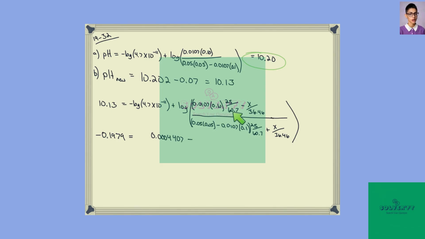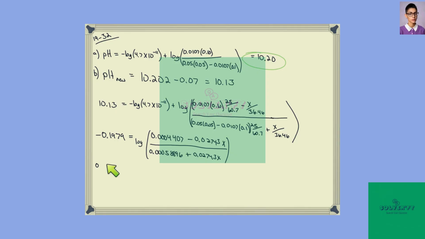So all of these numbers will give us 0.000407, and then the reciprocal of 36.46 is 0.0274x. Same thing, figure out what all of this is. That's this number here. And then the reciprocal of 36.46, but it's the log of that whole thing.